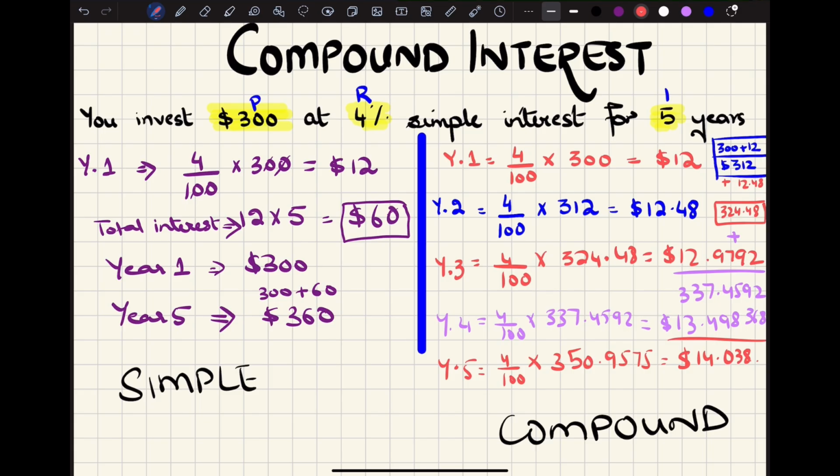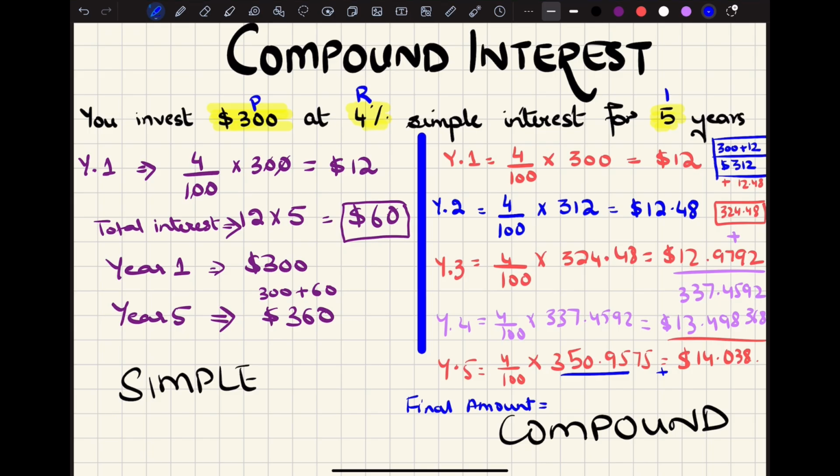Okay, so see, the amount of interest that you're going to earn during year 5 is $12. However, in case of compound interest, you're earning 14.038. So your final bank balance, final amount in your bank at year end in case of compound interest will be this plus this, so plus 350.9575.